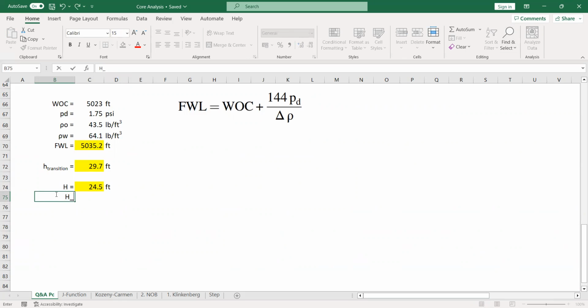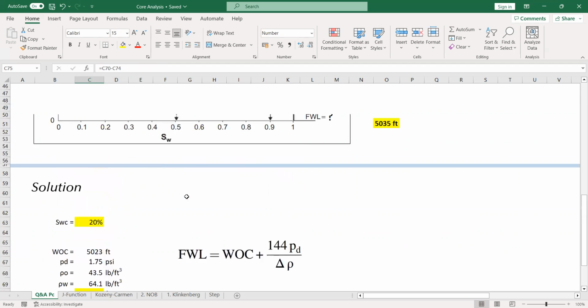And then of course, for the location, maybe I'm going to use this symbol. Of course, the free water level needs to be subtracted by this H. So it's 5,010.8 feet.